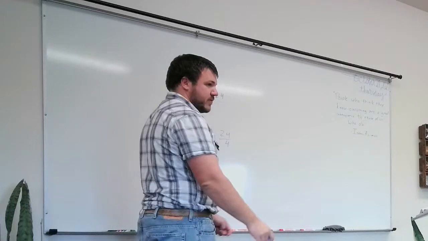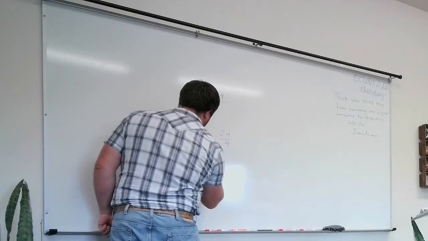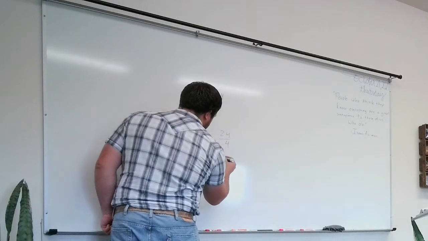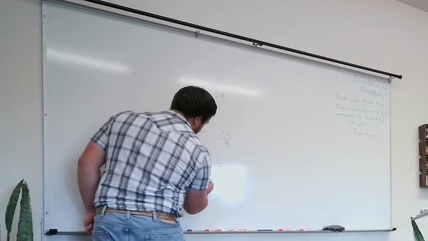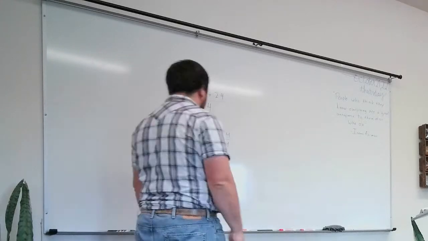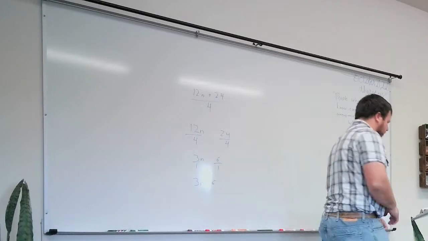So you get 3n over 1 and 6 over 1, which can be reduced to 3n plus 6. That's correct. So it's really very simple. It's using the same old things over again.